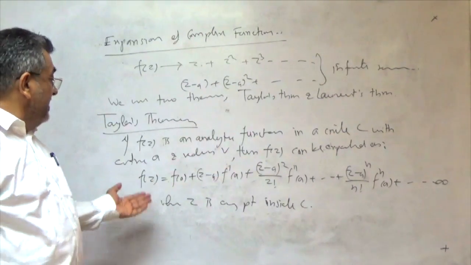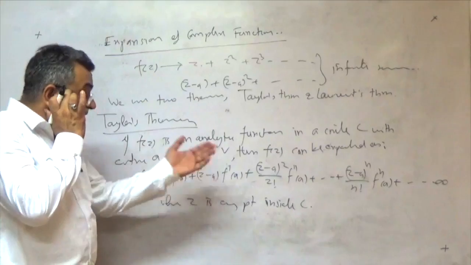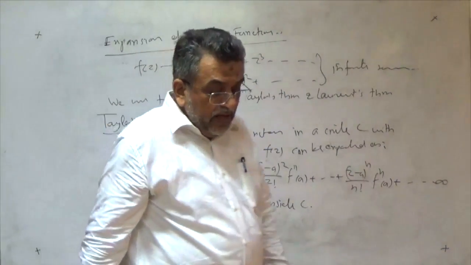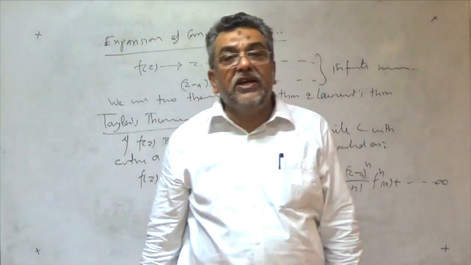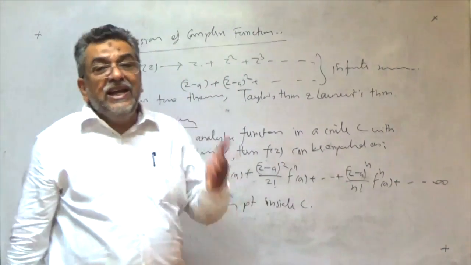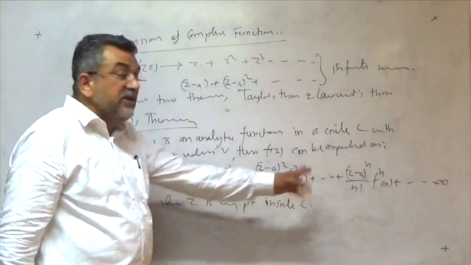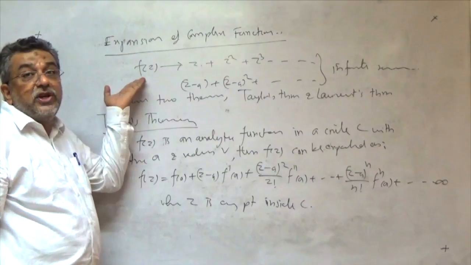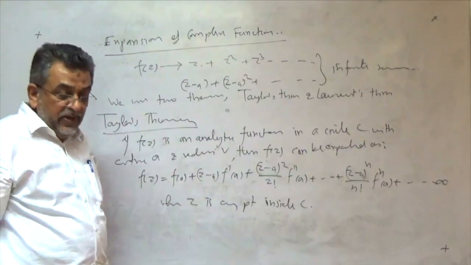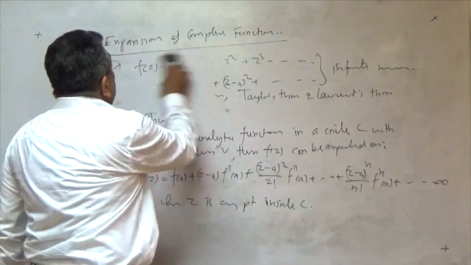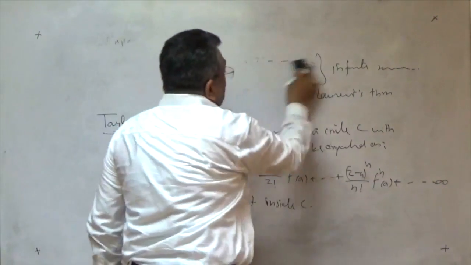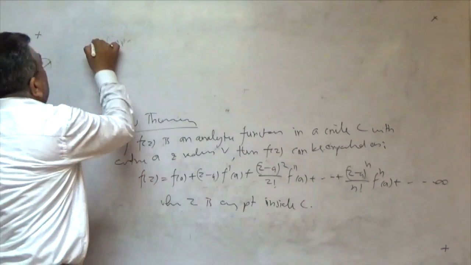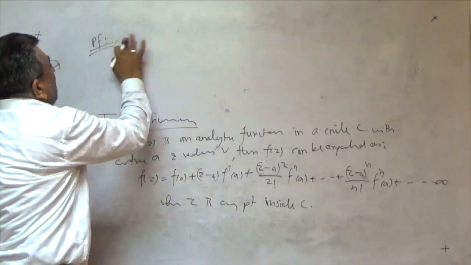You can say that this is Taylor series, and this is the expansion of the given function about point a, or you can say this is the expansion of f(z) in ascending powers of (z minus a). You can expand any complex function by using this Taylor's theorem. Before how you can use this, what is the application of this? We take its proof, that is also part of your curriculum.